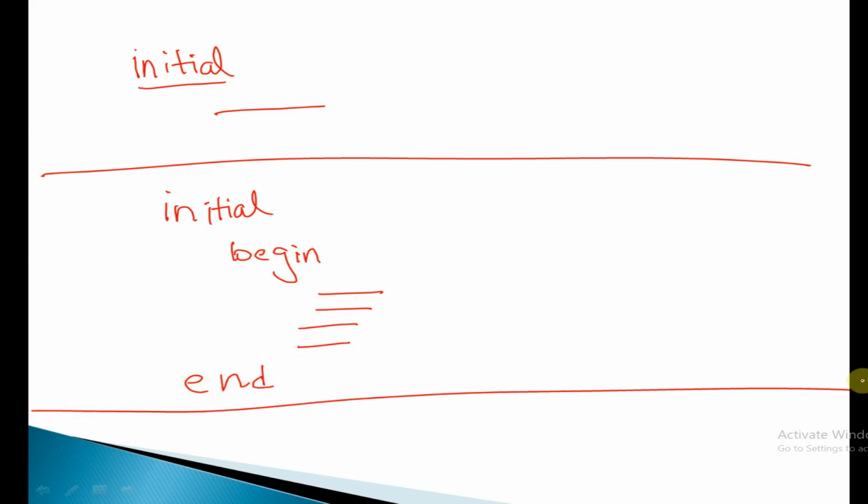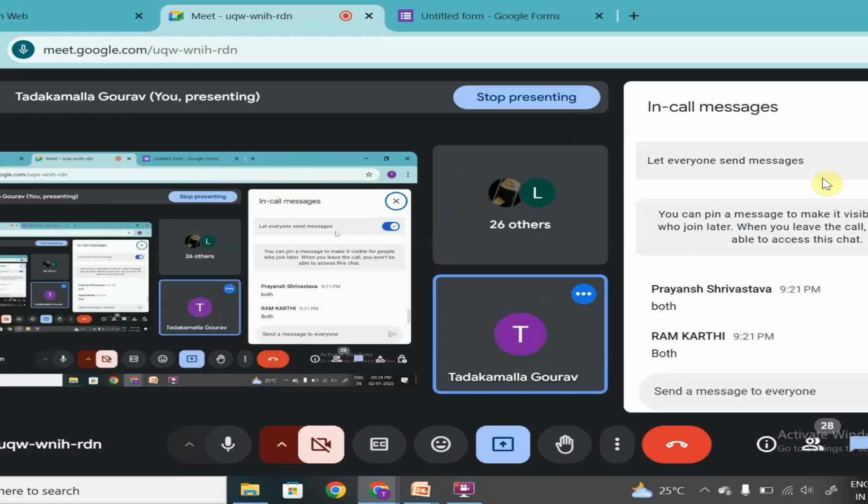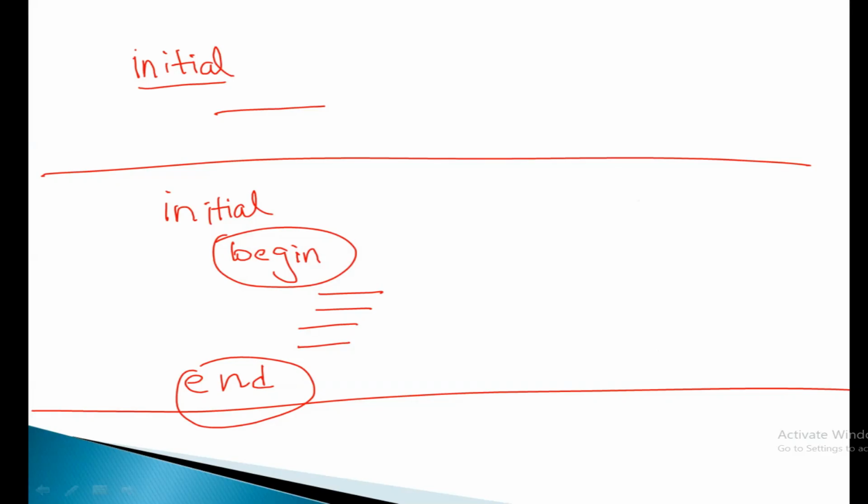Is it clear? If you have multiple lines of code, you should use begin and end, and if you have only one line, there is no need for begin and end. Is it clear for everyone?